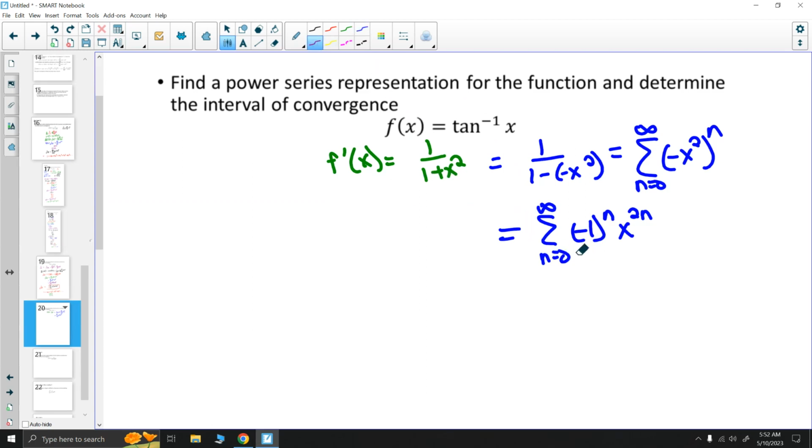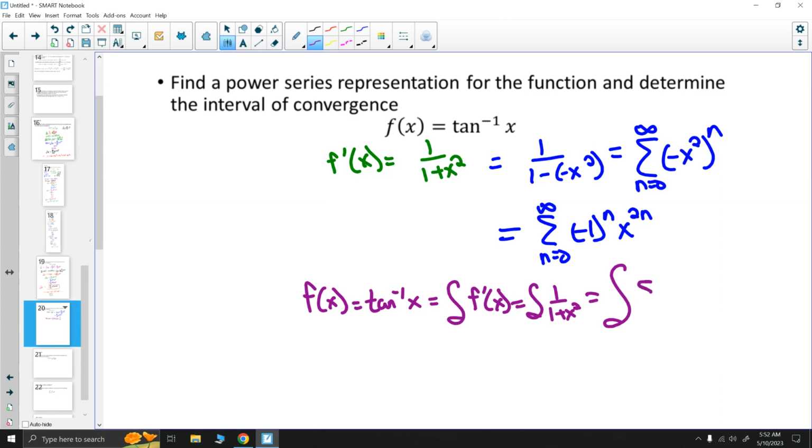But that's not really what we are interested in. We want to find tangent inverse. So in order to get tangent inverse from this, we'd integrate it. Our f of x, which is equal to tangent inverse x, is equal to the integral of f prime of x, which is the integral of 1 over 1 plus x squared, which is going to be the integral of our sum, n equals 0 to infinity of -1 to the n, x to the 2n.